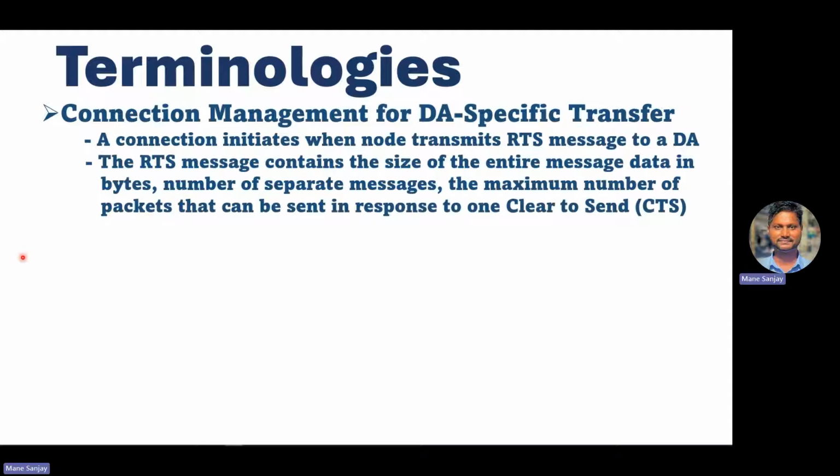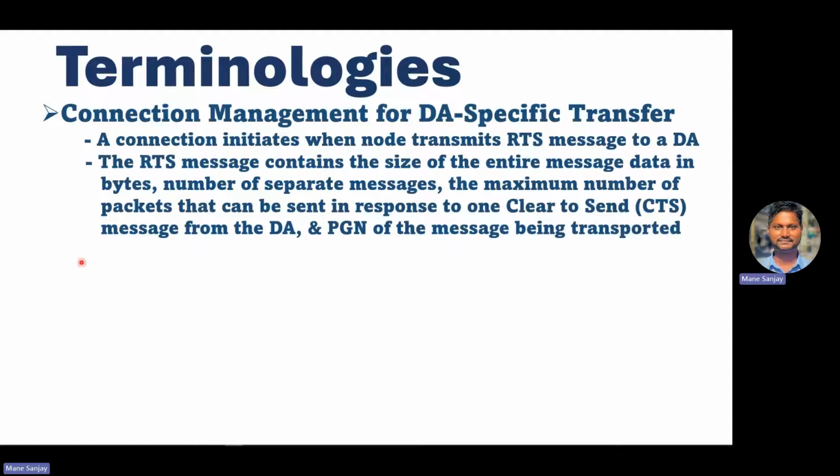Request to send and clear to send are the two messages used during connection management for destination address specific transfers. The clear to send message comes from the destination address and contains the PGN of the message being transmitted.